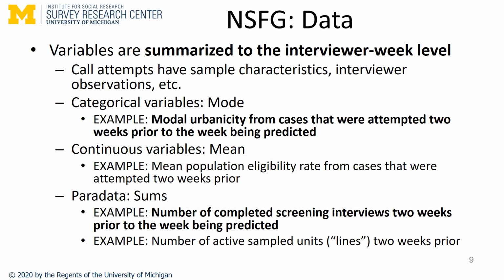Again, these characteristics are lagged. And for some variables, particularly the paradata variables, we use the sums. All right, so the number of completed screening interviews 2 weeks prior to the week being predicted. Again, we're lagging those values. All right, so hopefully those examples help you understand the structure of the data that we're using for this prediction problem.